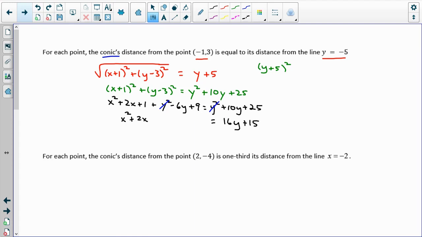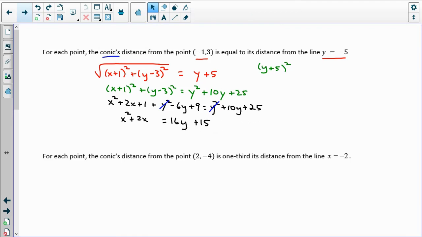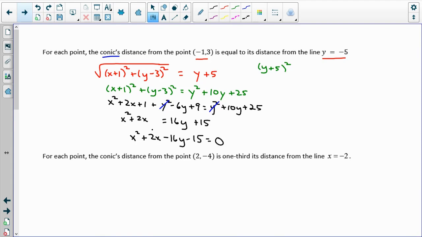Now, most of the time, what we're going to end up doing in these problems is we can simplify things as much as we can, but we're not going to complete the square or anything else. So we will just leave it like this, and then we will indicate what type of thing this is.